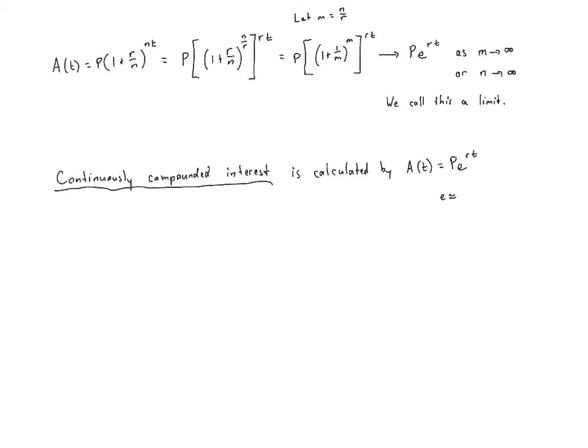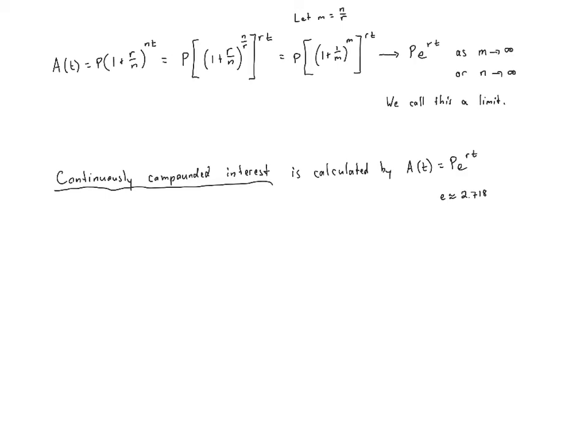Remember, e is approximately 2.718, etc. So this is a formula that gives us how much money we would have if we were compounding continuously.